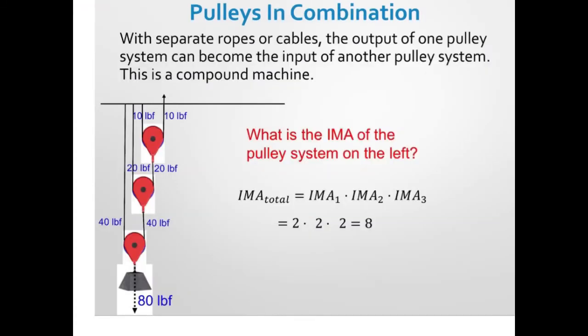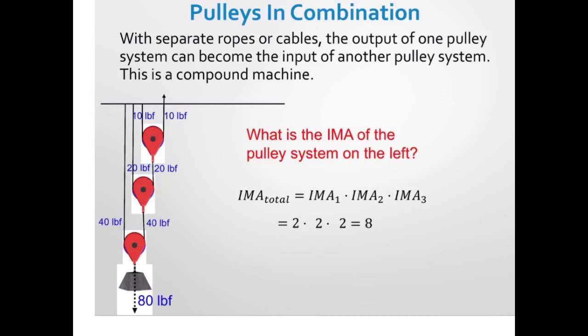If separate ropes or cables are used for the pulleys, you're going to treat this like a compound machine. In a compound machine, your IMA total is always going to be each IMA multiplied together. So looking at this, I have one pulley system that's supporting 1, 2. So that's where they get this 2.